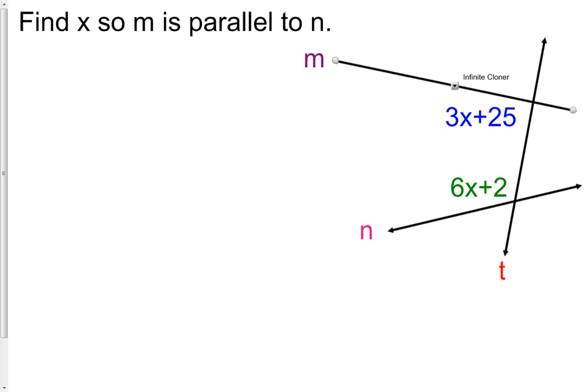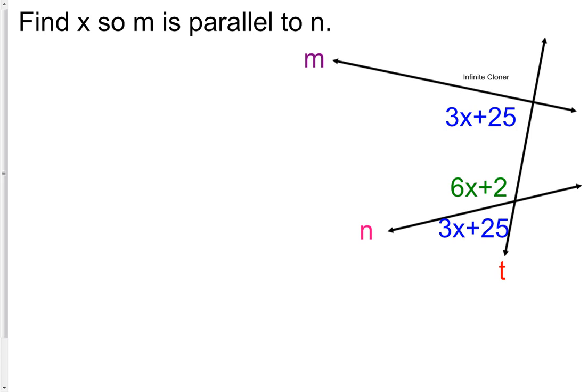Well, if they're parallel, we could say that corresponding angles are congruent. So corresponding angles would be this one and this one. So they would both be 3x plus 25. Now we can clearly see these two form a linear pair, so they would add up to equal 180 degrees. Or we could say this.